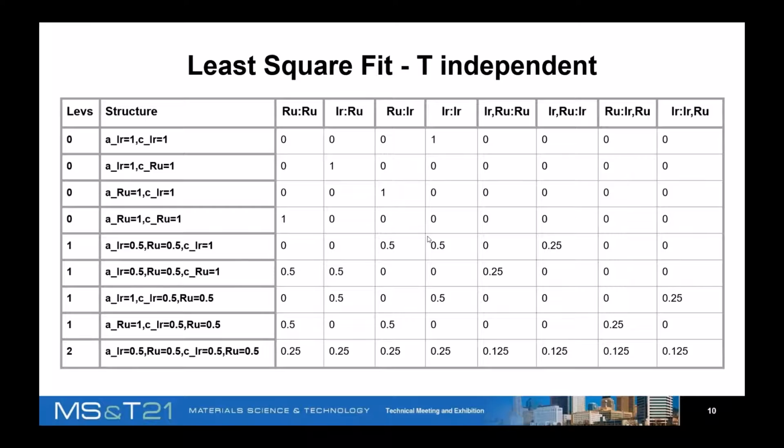So now we have a bunch of structures, and for each structure, we can calculate the site fraction and make an expression according to the CALPHAD model up to our desired degree of accuracy. And now, provided that our system of equations is at least determinate, if not over-determinate, that is, we have more rows than the number of columns, we can perform a least squares fit to obtain expressions for the different N members and the mixing energy functions.